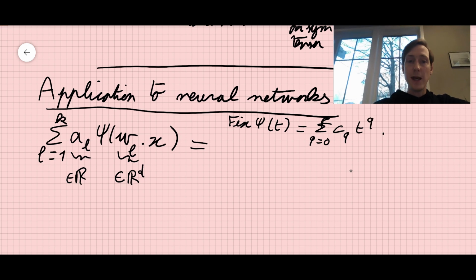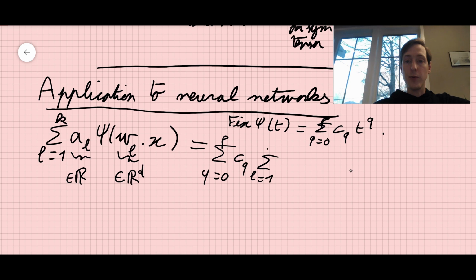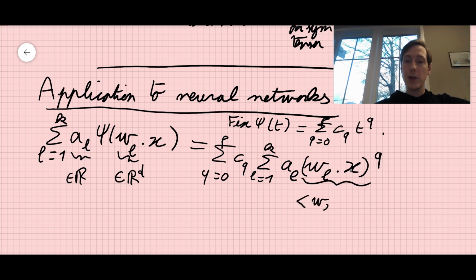So in this case, this becomes a sum for q equals 0 to p of c_q, sum for l equals 1 to k of a_l, and what do I get? I have (w_l dot x) to the q. But in our notation, this is nothing but the inner product between the symmetric rank 1 tensor w_l tensor q times, and x tensor q times.